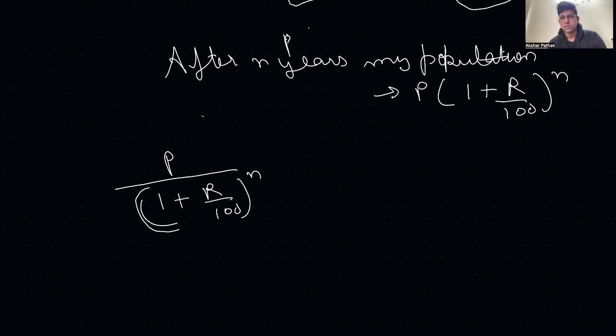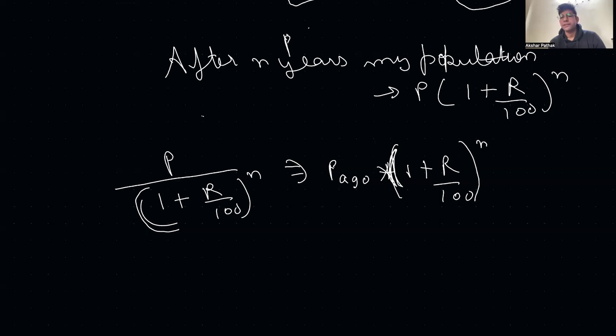Now, it's very logical. Let me explain to you. Suppose n years ago, you had this principal amount as P ago, and you have to calculate the principal value after n years. So P ago into 1 plus R by 100 to the power n is equal to P current. Okay.